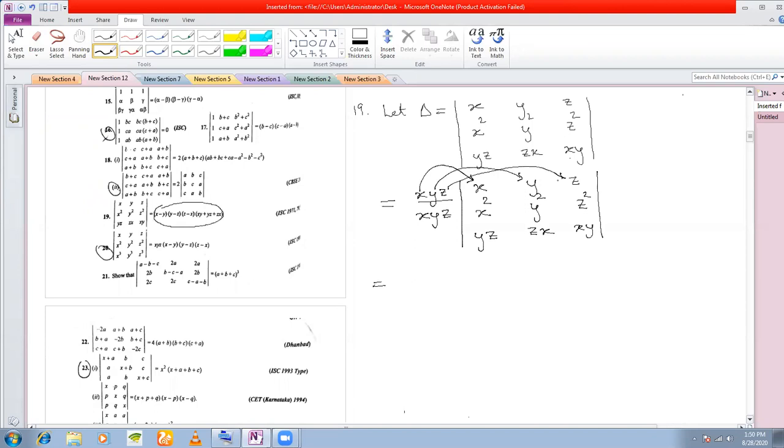This z you multiply with the third column. So what do you get? x square, x cube, xyz. You get y square, y cube, and you get xy. Now obviously you have a 1 by xyz here, because you're multiplying x, y, z with these columns. You have a z square, you have a z cube, and you have xyz.